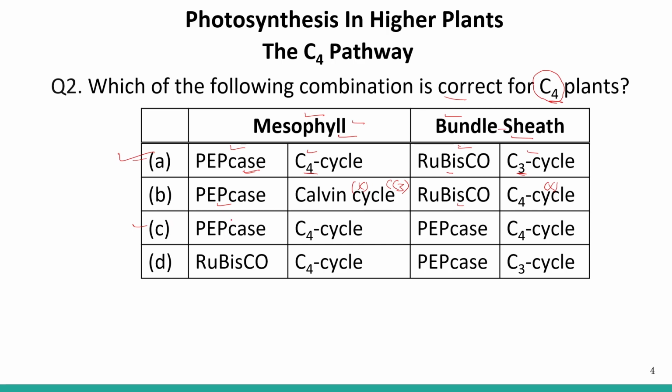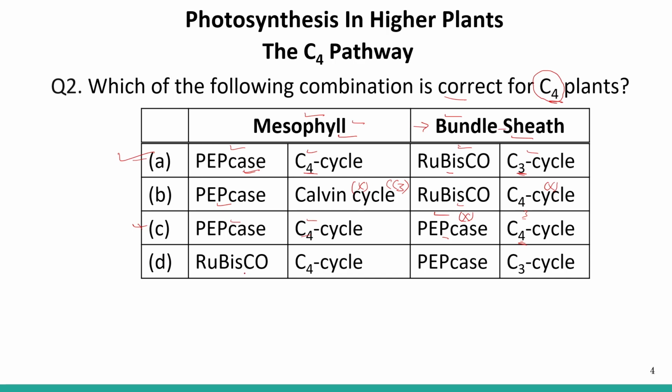Option C is PEP carboxylase and C4 cycle. Which is correct, then we have PEP carboxylase and C4 cycle. This is not correct. Here it should be Rubisco, and here it should be C3. PEP carboxylase is not present in bundle sheath cells, so this option is also not correct.